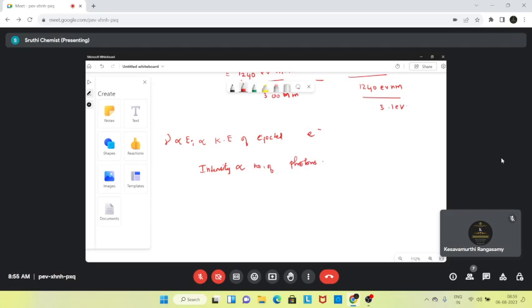More the number of photons, more will be the electrons ejected. This is also directly proportional to the number of electrons ejected. Remember, this is a very important thing. One photon will eject only one electron. So more the number of photons, more will be the electrons ejected. Clear, students?